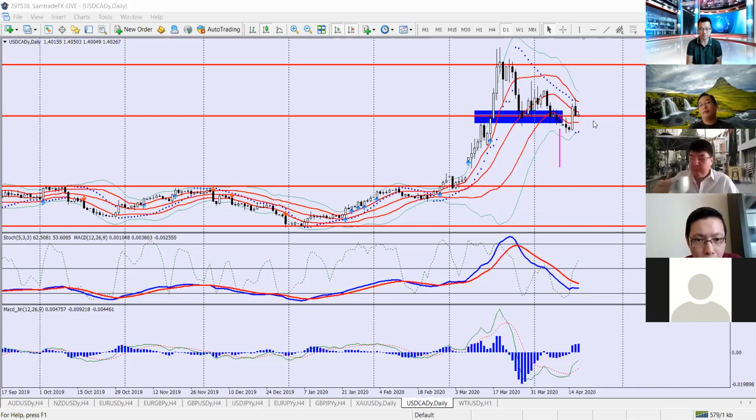At this point, do we expect it to be shooting upwards towards the 1.45, or to continue back down, to try to go back down again towards the 1.33 level? At this point, we need to look at triggers, because it really can go up there or it can go down there. I don't want to be telling you, hey, it can go up, it can go down.